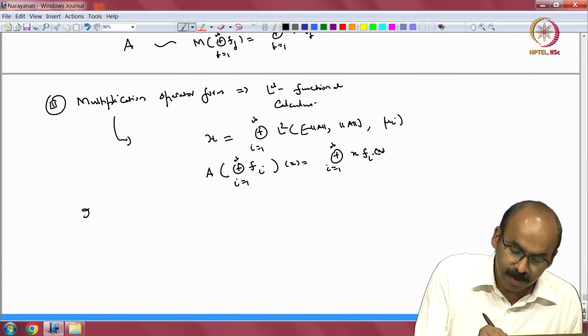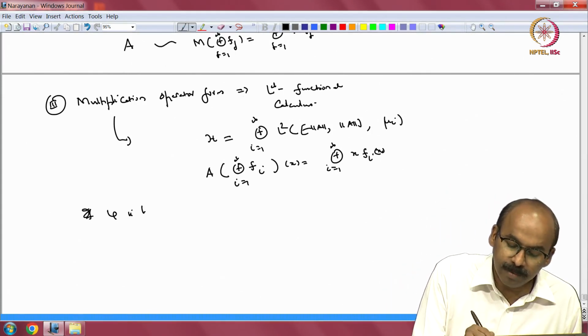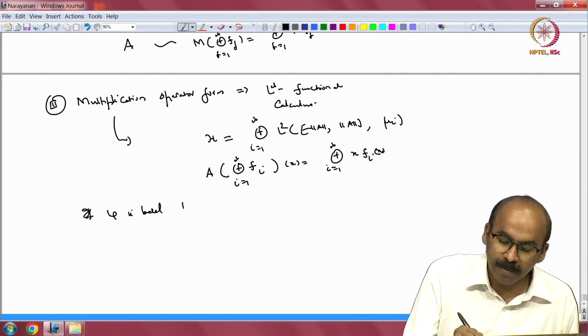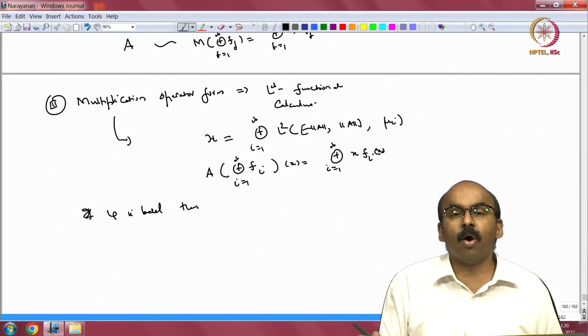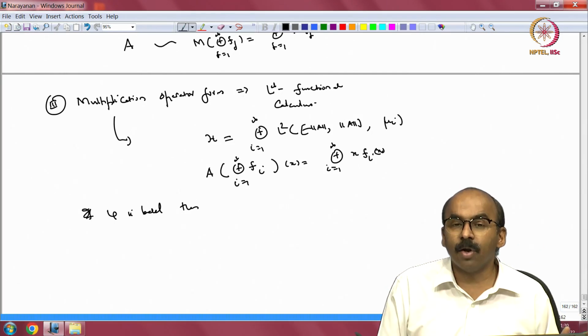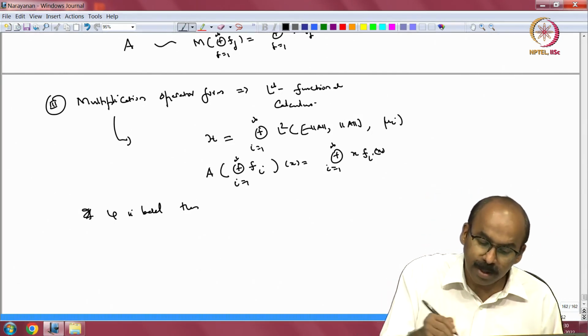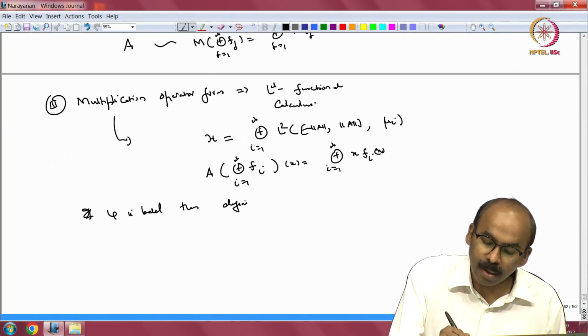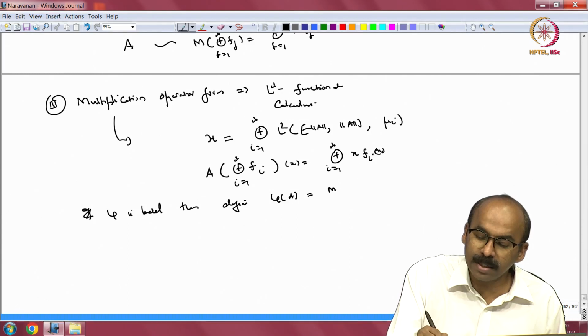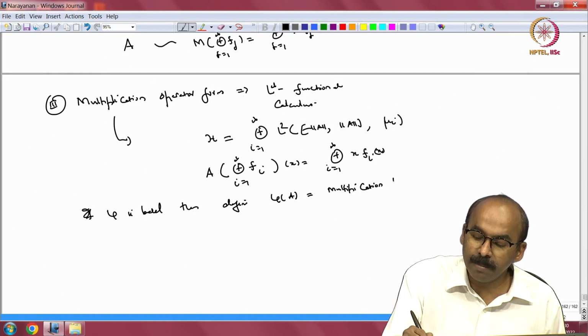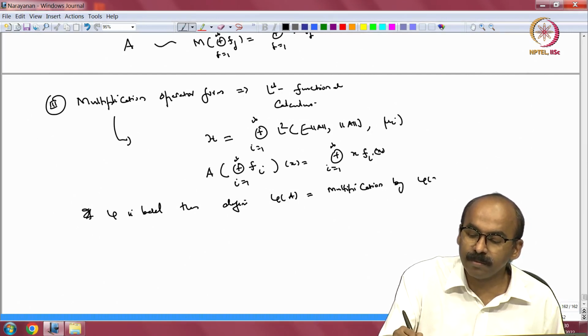So, if phi is bounded, meaning phi is bounded on this set, it is defined on minus norm A to norm A, then define phi of A to be equal to multiplication by phi of x, right.